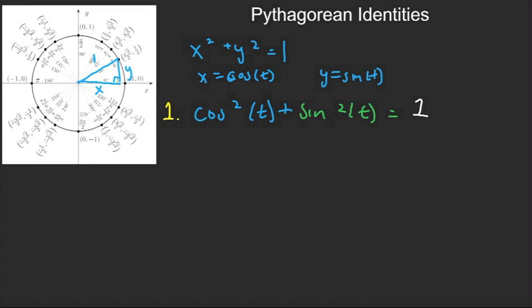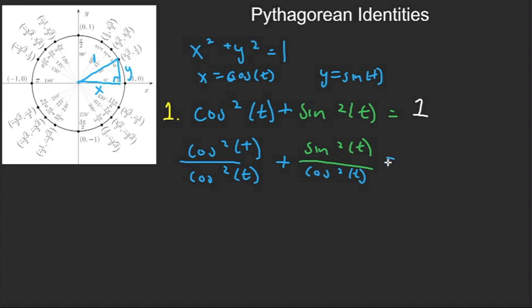Okay, so that's the first equation that we have. And we can derive 2 other equations from this. So I'll show you the first way. To do this, we divide everything by cosine squared t. So cosine squared t divided by cosine squared t plus sine squared t over cosine squared t equals 1 over cosine squared t.